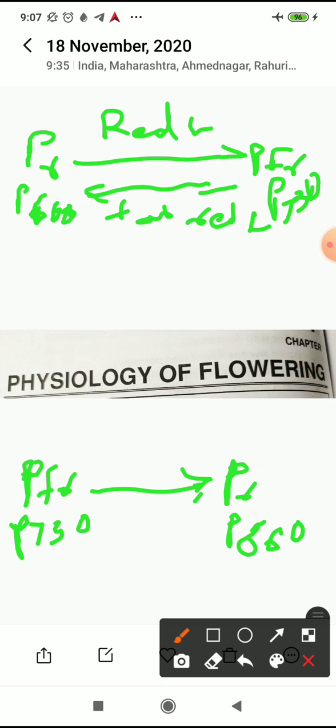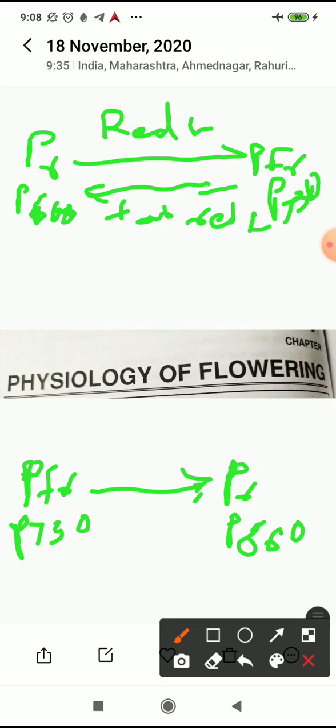It is universal in distribution in green plants. It has two forms called PR and PFR, and these two forms are interconvertible.